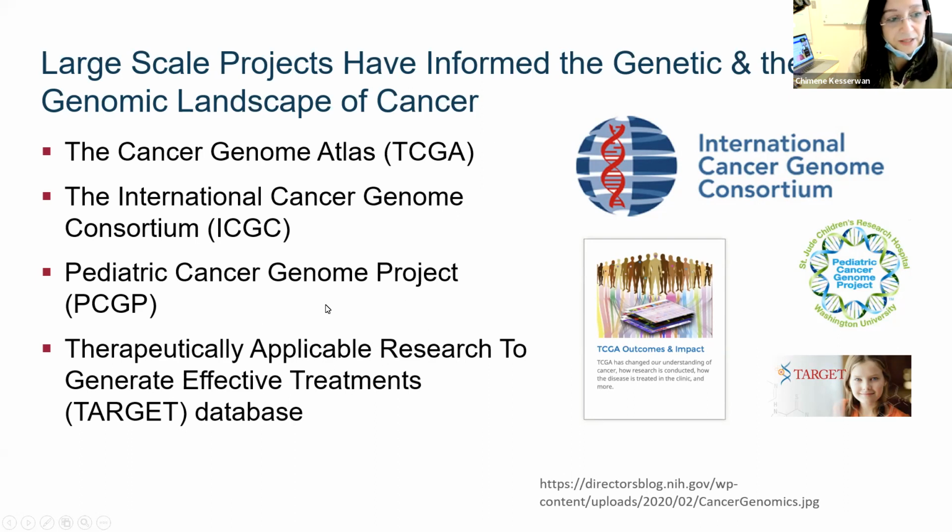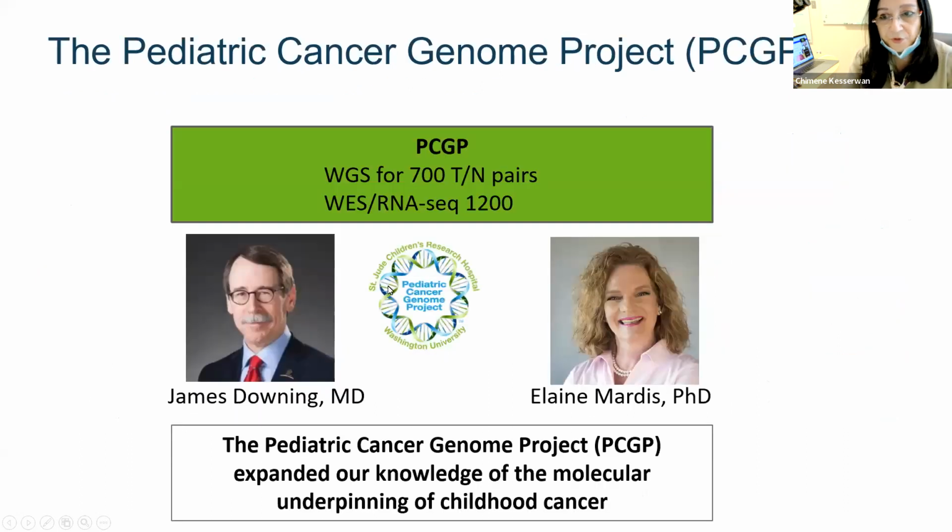But I would like to pause for a second and talk about PCGP. This Cancer Genome Project was led by Jim Downing from St. Jude and Elaine Mardis, then at Washington University in St. Louis, now at Nationwide in Columbus, Ohio.